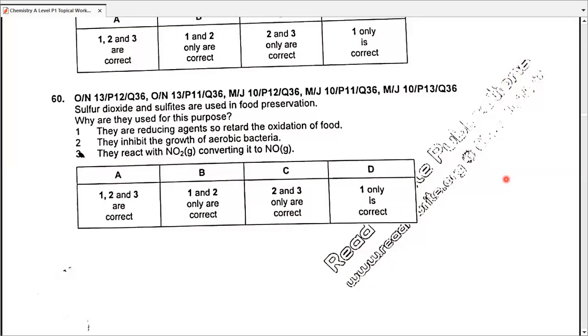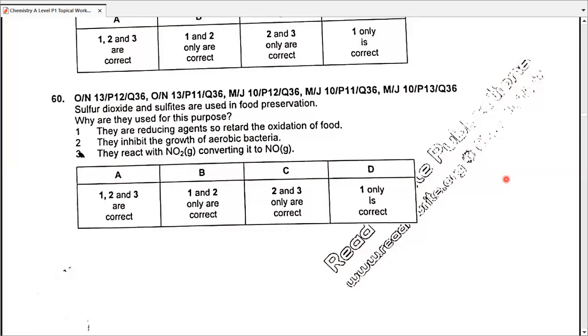No, think again. Sulfite is CaSO3. Sulfite, SO3 negative 2.